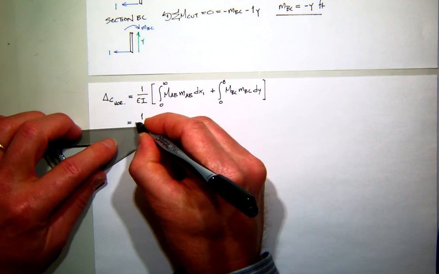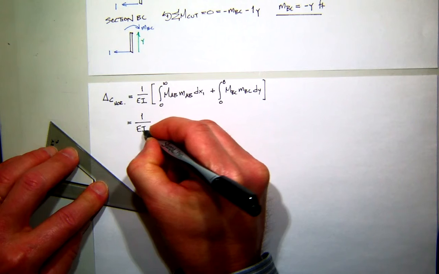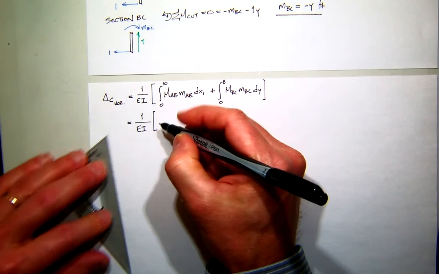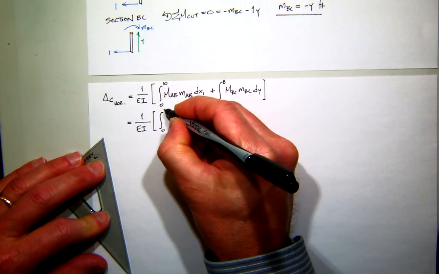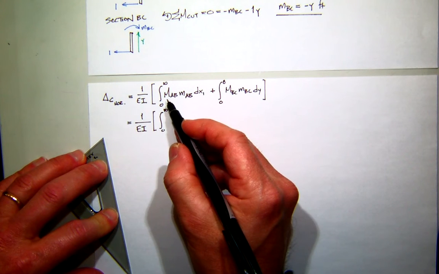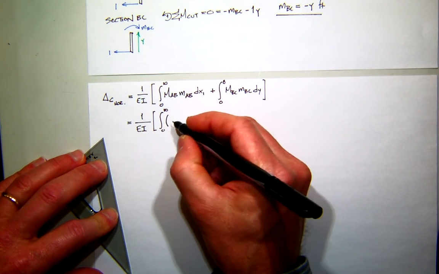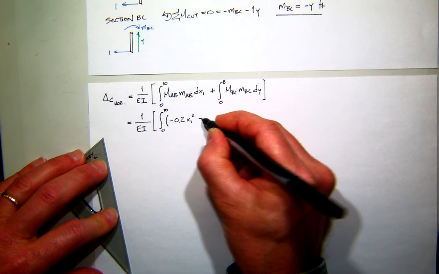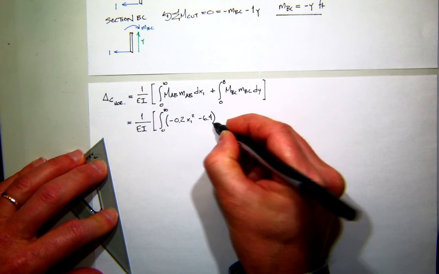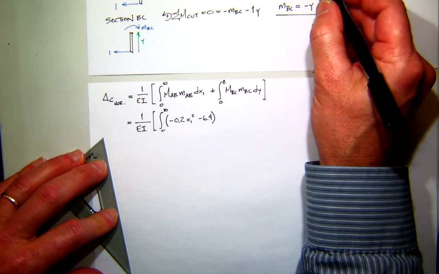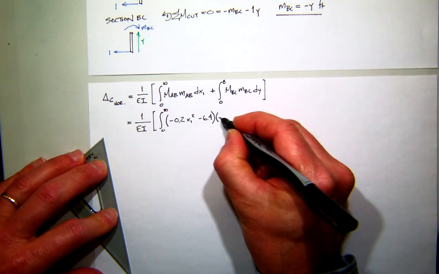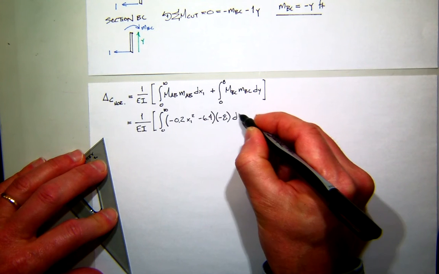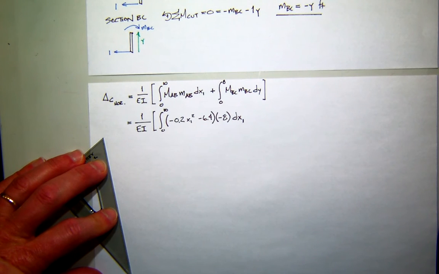So for this particular problem, we'll just plug in our values and see what we get. So the first integral from 0 to 10, the real moment in AB was negative 0.2 x1 squared minus 6.4. And the virtual, you can barely see it here, it was negative 8, I believe. So if you left this in pounds, your answer will be different, right? But the unit of your final answer will be pounds.